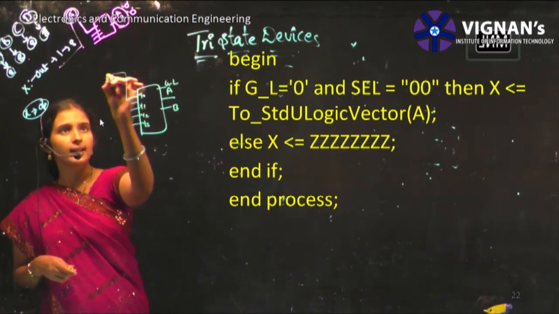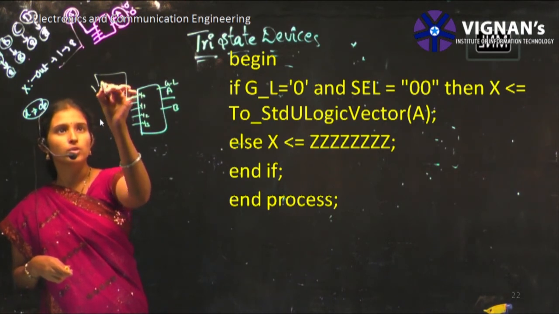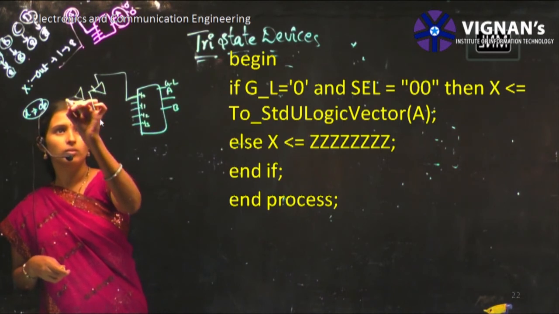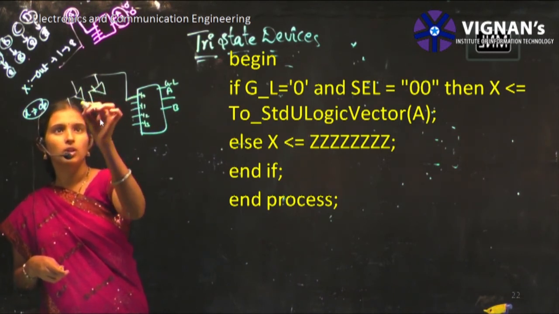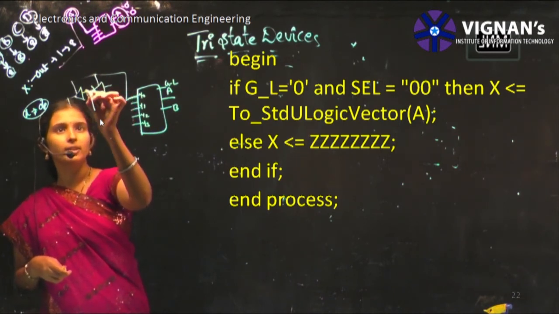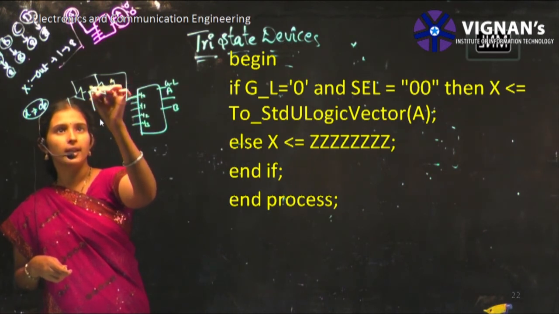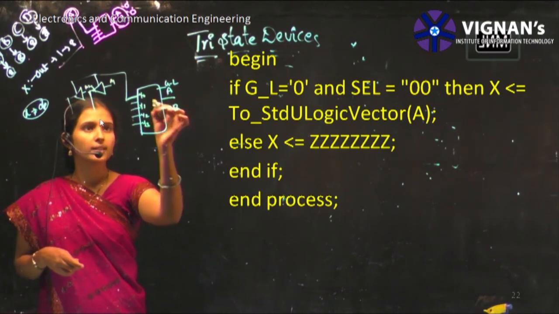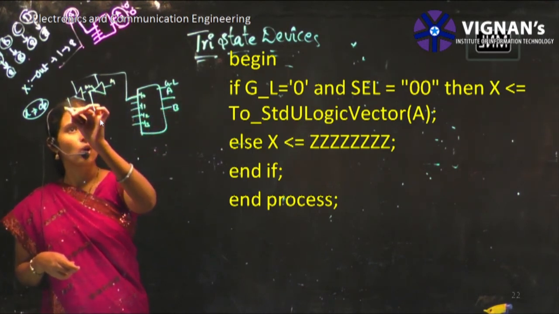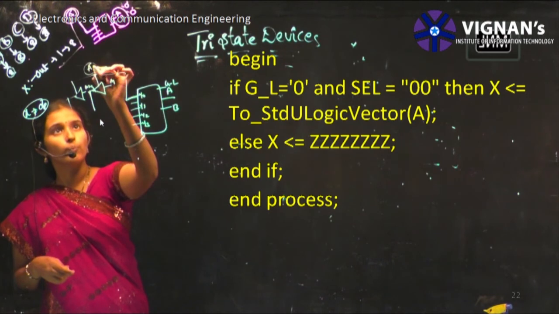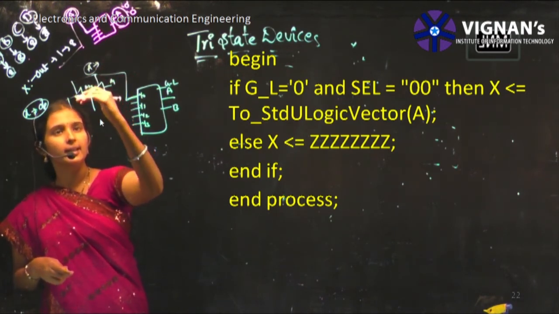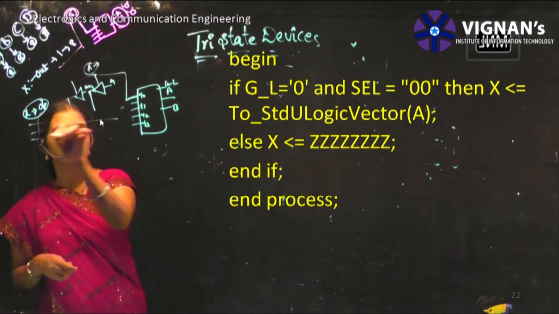These are connected to the enable inputs of the tri-state buffers. So whatever data you have, like A1, A2, depending upon your selection lines, data bus A is selected, and whatever data is there will be accessed by this common bus.